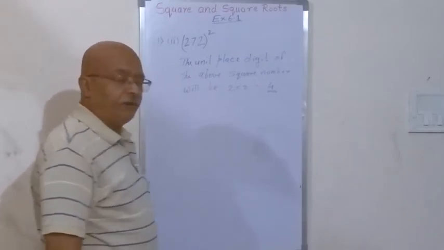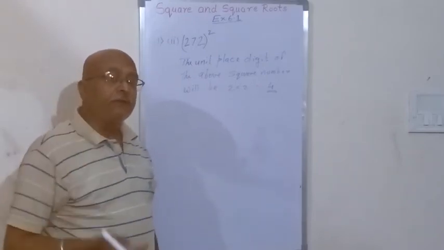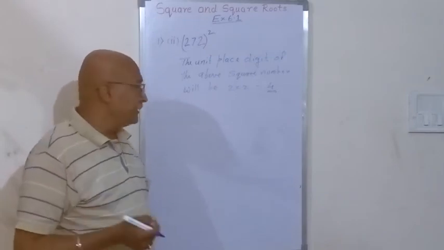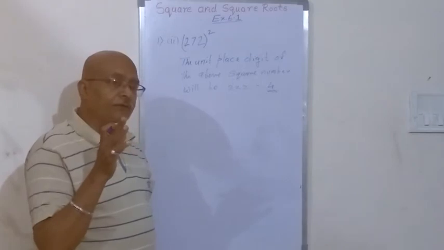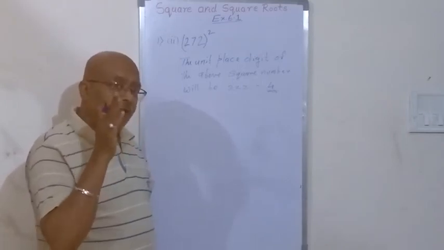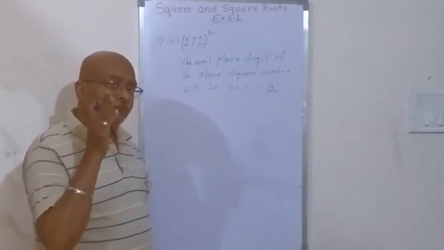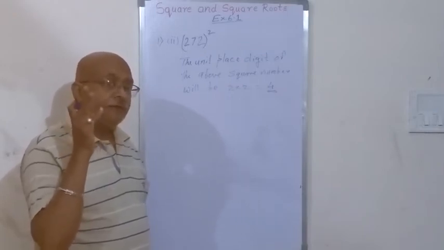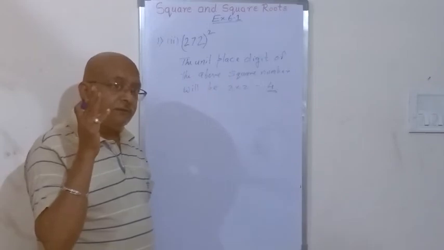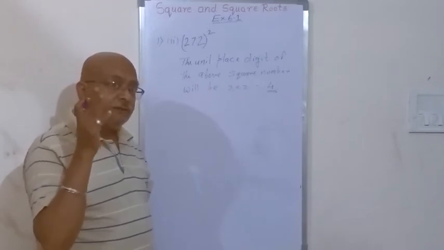And as we have studied in the property part, what is the property of the square number? Either 0, 1, 4, 5, 6 and 9.